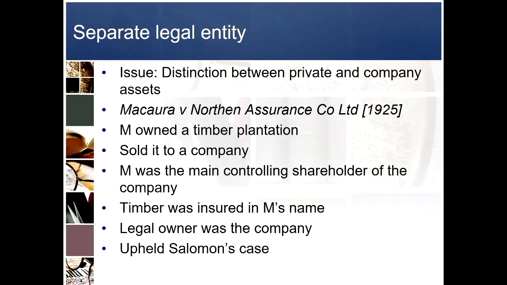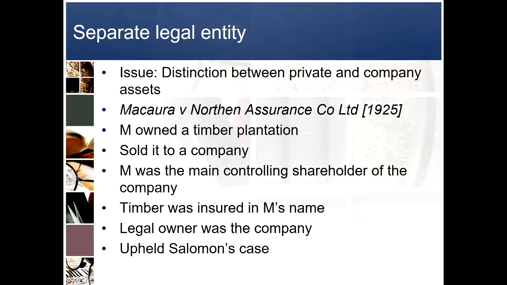Let's move on to another case, the case of Macora and Northern Assurance Company Limited. Mr. Macora owned a timber estate, and he operated a business which was effectively a logging business. So it was a pine plantation.